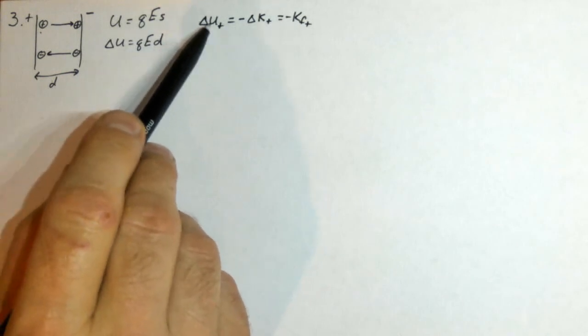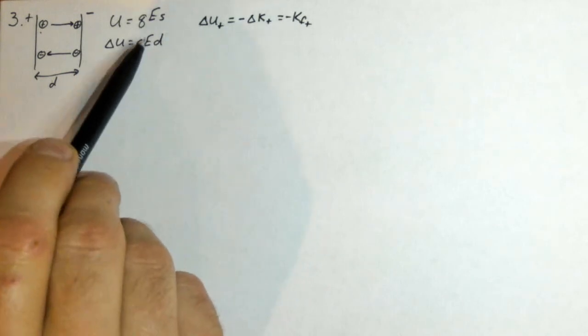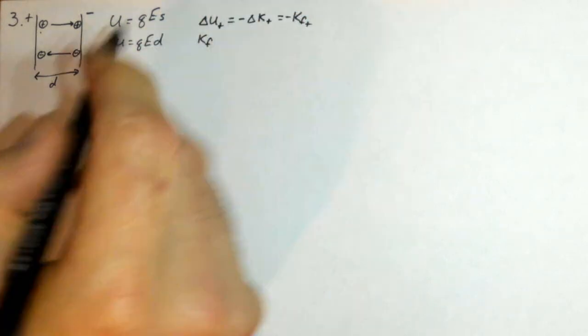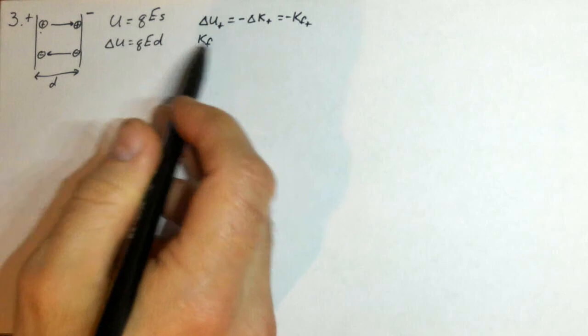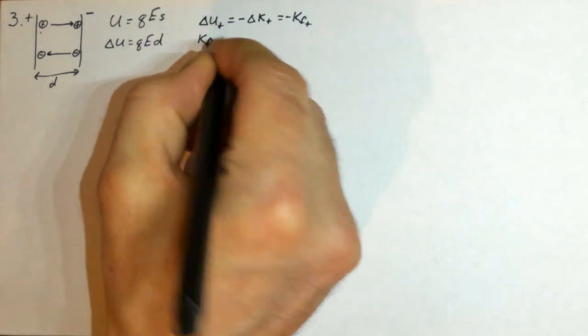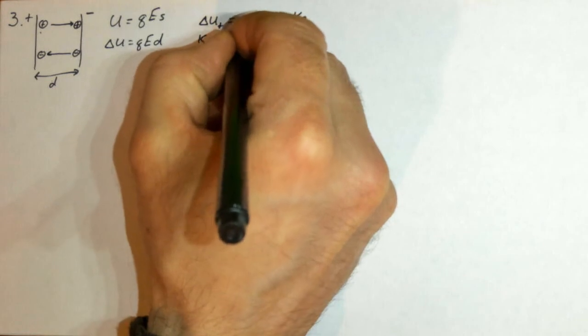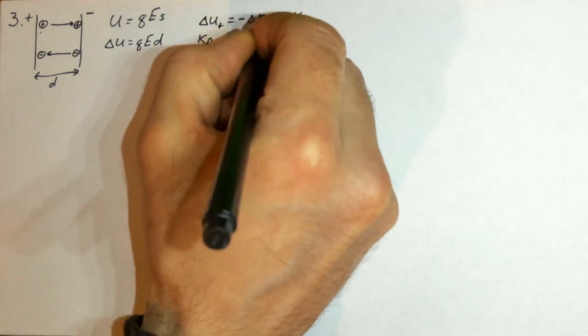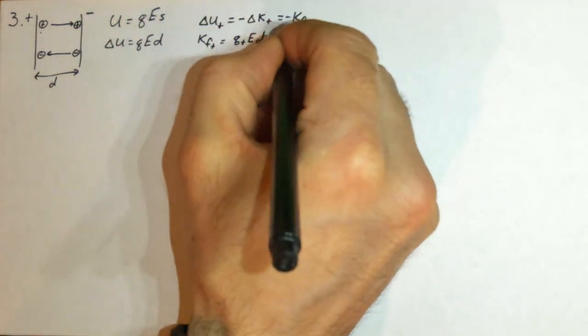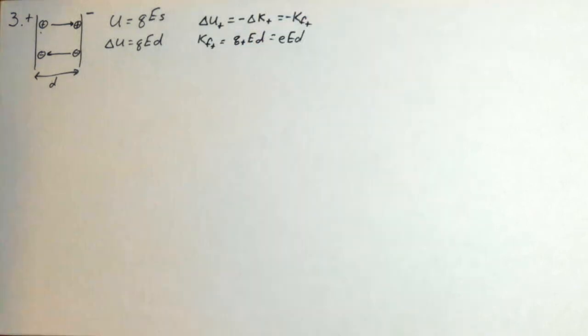Okay, well, what's the change in potential? Well, I've got it right here. So I can come down here and say K final, again worrying about magnitudes only, for the proton is going to be Q plus E D, and that's just e, E, D. Again, little e stands for the charge of an electron or a proton.